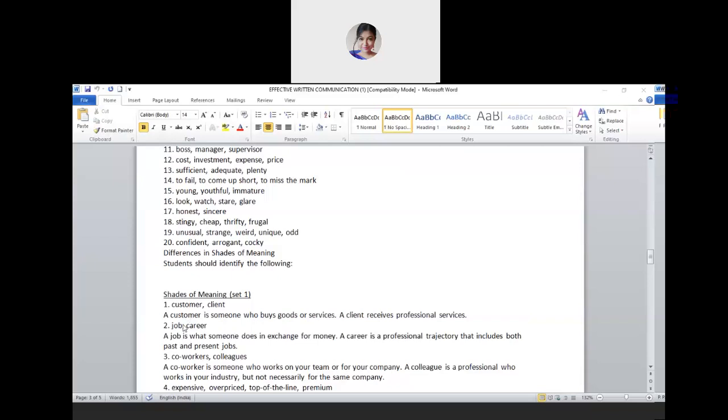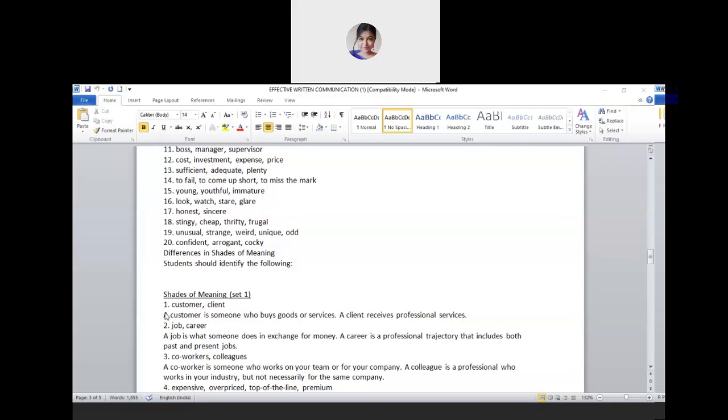So the first example, the first two words are customer and client. Now, these two words are quite similar, isn't it? They seem quite similar, but they have different meanings. Here it is given, a customer is someone who buys goods and services. So in a shop, when you go to buy something, then you are the customer. Who is a client? A client receives professional services.